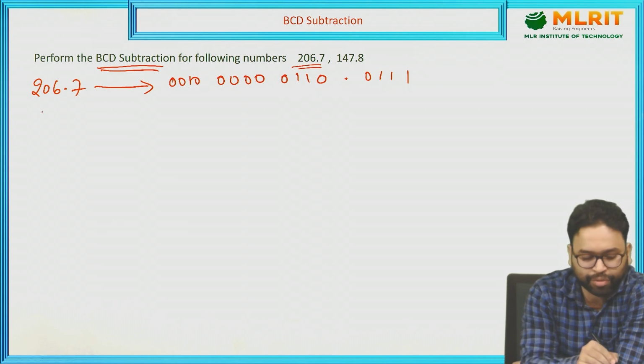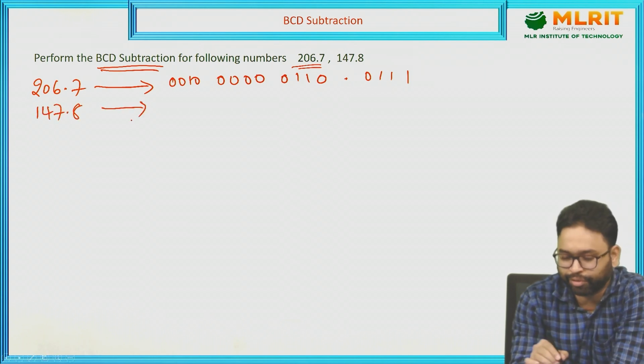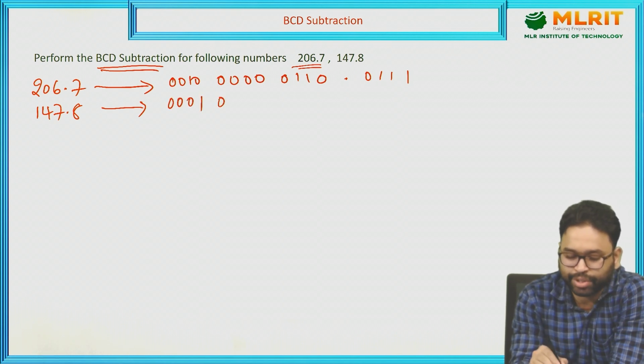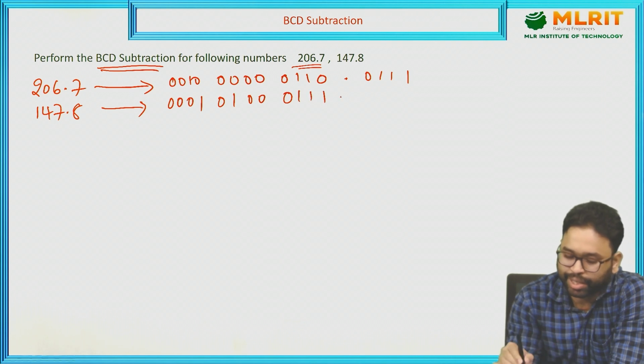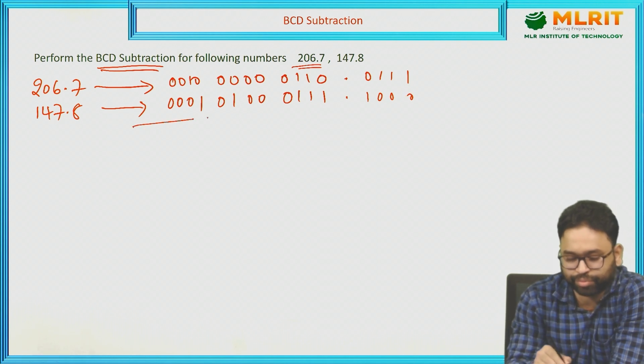Next value will be 147.8: 1 is 0001, the 4 is 0100, the 7 is 0111, and the 8 will be 1000.